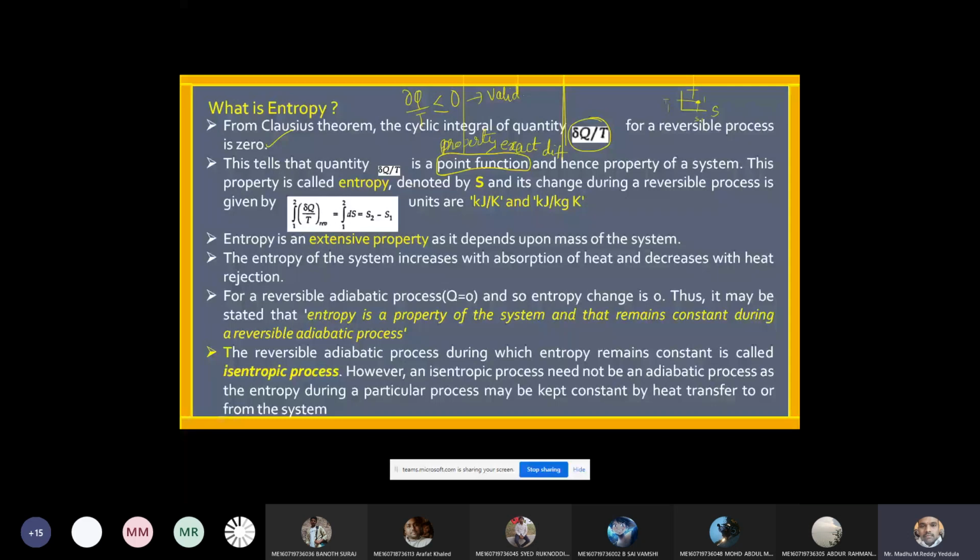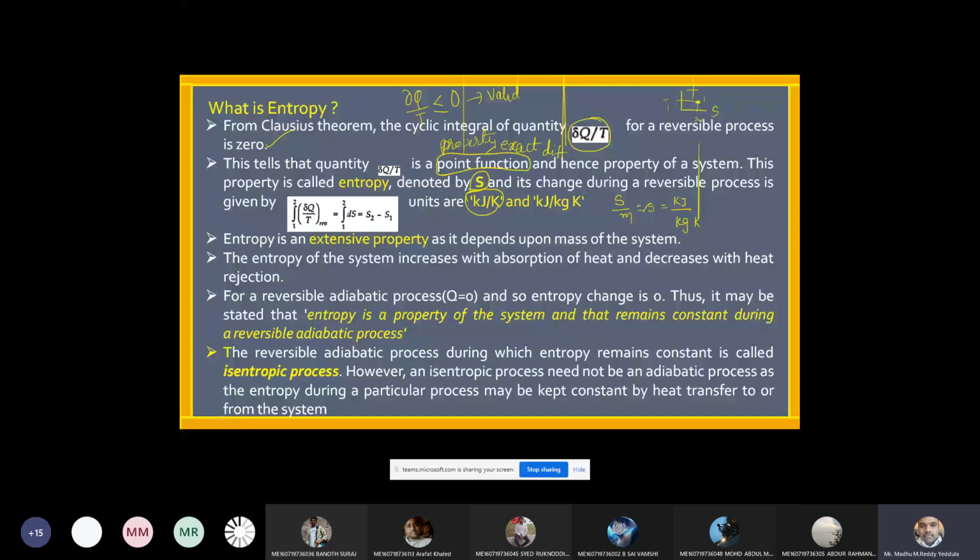Usually entropy is denoted by the symbol S and the units are kilojoules per Kelvin. The entropy per mass is called specific entropy, small s, and the units are kilojoules per kg Kelvin. If it is kilojoules per Kelvin, that is entropy, and kilojoules per kg Kelvin is specific entropy. Remember, okay?